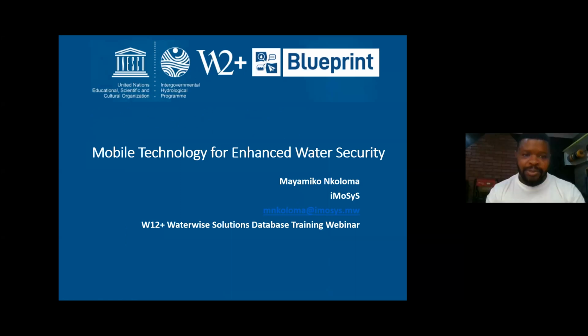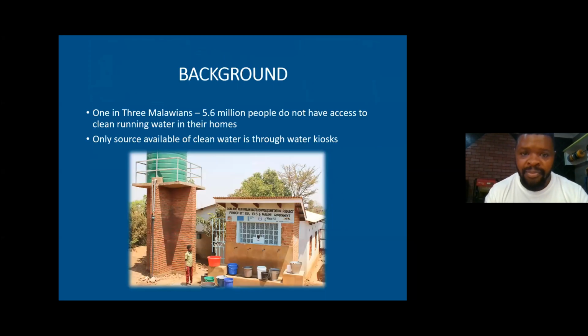All right. So today I'll be talking about a case study which we are doing in Malawi, just to show how we can use mobile technology to solve water problems. The project is mainly looking into rural communities or low-income communities, because this is where we have major issues to do with water.